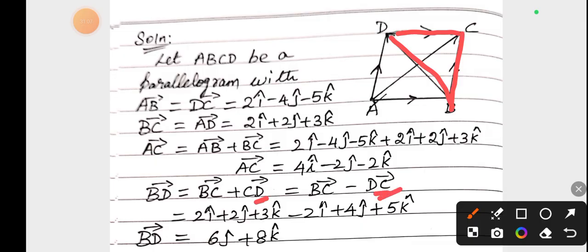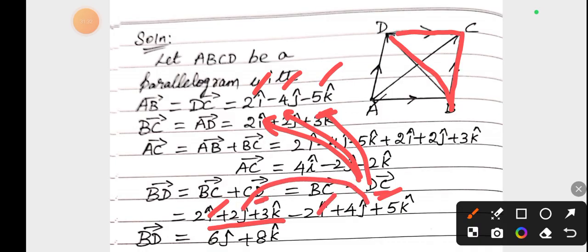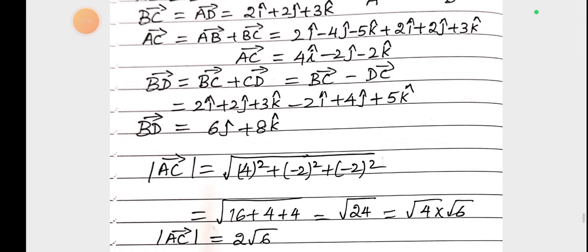So the BC vector value is 2i plus 2j plus 3k, minus DC, which is 2i minus 4j minus 5k, but I am multiplying the minus inside, children: minus 2i plus 4j plus 5k. So plus 2i and minus 2i get cancelled. 2 chocolates plus 4 chocolates, 6 chocolates, so 6j. 3 plus 5 is 8k.